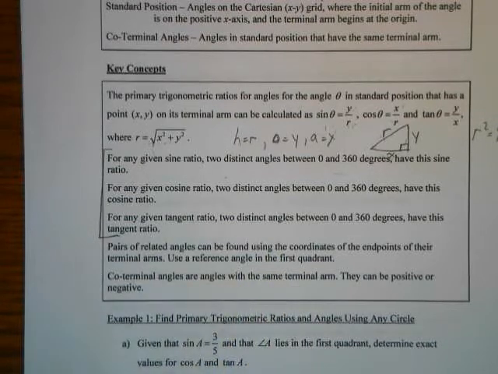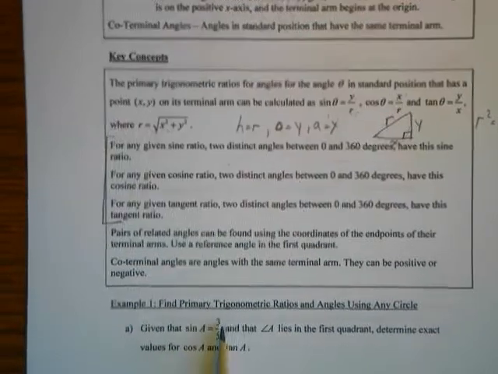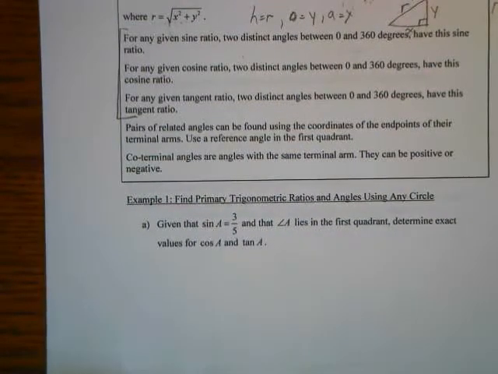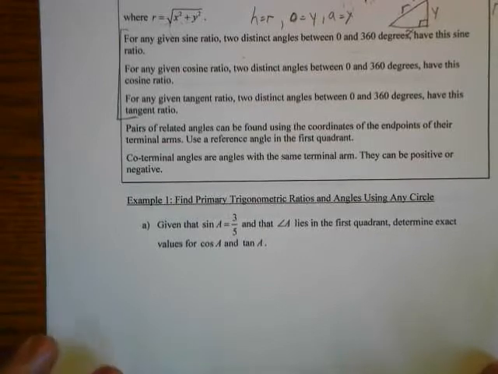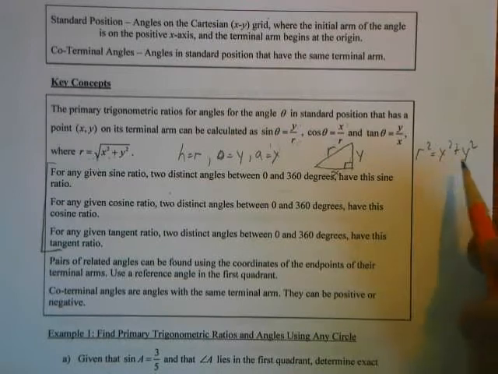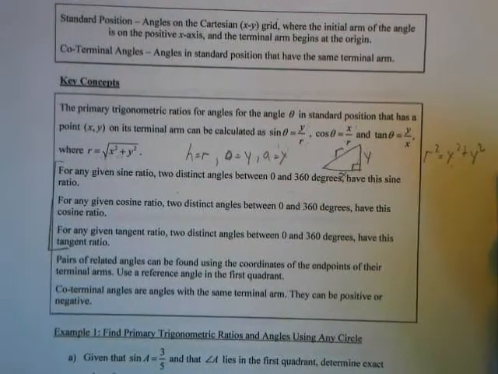And then the coterminal arms have the same terminal arm but have different angle measurements, which can be positive or negative. Okay, so let's just kind of dive into this. Well, the other thing I want to mention too, these values of r, x, and y, you know, the x and y, those are related to coordinates on the grid.